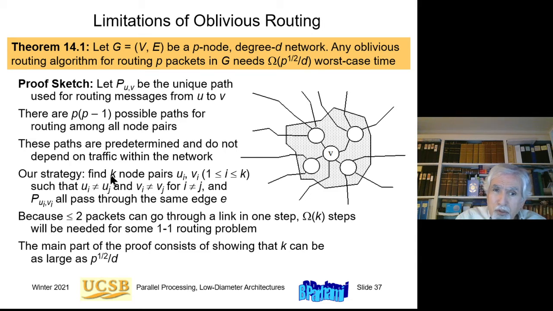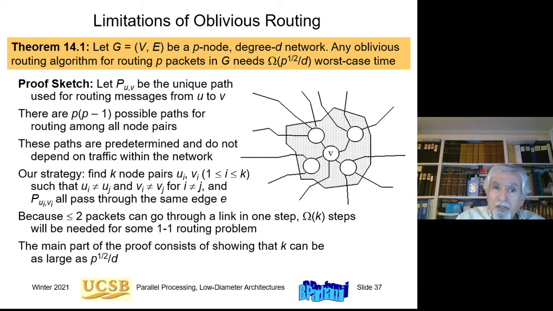And choose those paths such that all of those paths pass through the same edge E. And I can make this k as large as square root of p over d. So if this many paths all have to pass through the same edge that can accommodate only one message at a time, so at most 2 messages if it's bidirectional, then of course in the worst case I need this much time to finish the routing problem.